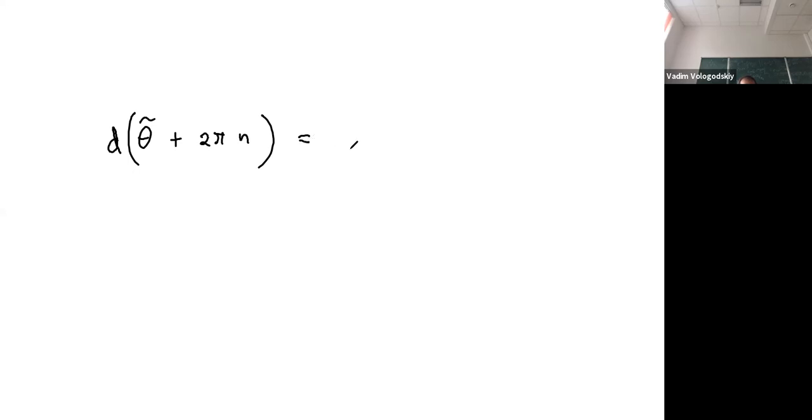And correctness of the definition means that d of this sum is equal to d of theta tilde. Which is clear because the differential of a constant function is 0, or even a locally constant function. So this implies that d theta is well defined.